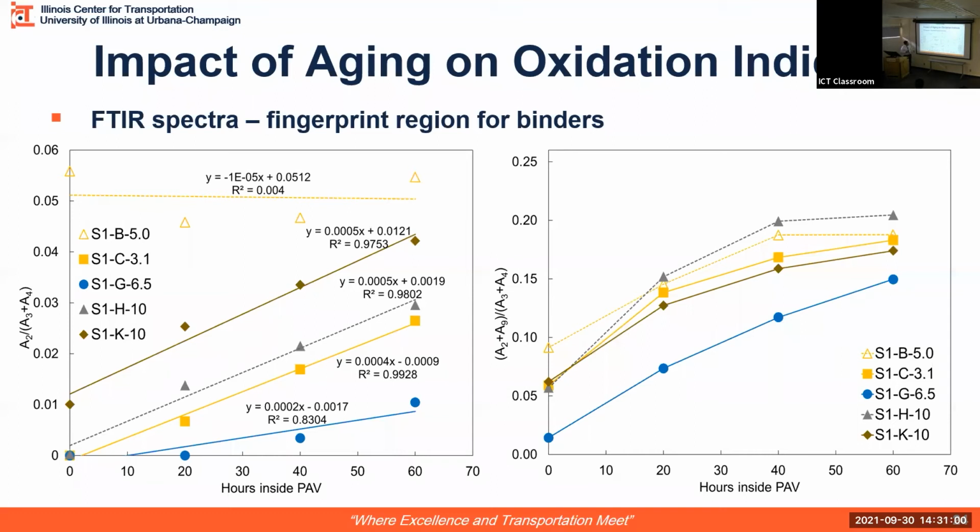For the rheob, again, the rate was similar to that of other modifiers. And if you look at sulfoxide, again, it was pretty similar.